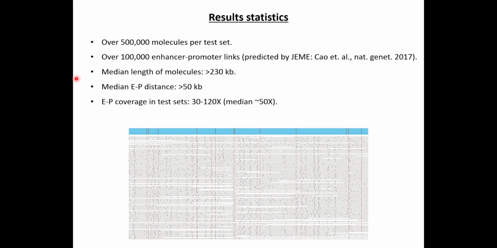The median length of molecules is over 230 kilobase pairs. The median distance between the enhancers and promoters in the covered pairs is over 50 kilobase pairs. Each pair in a test set was covered by 30 to 120 different molecules, with median coverage of around 50.